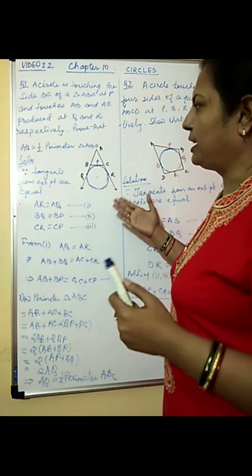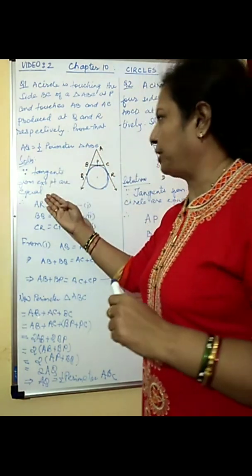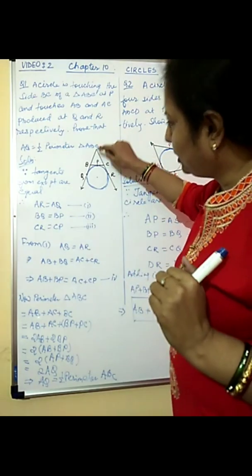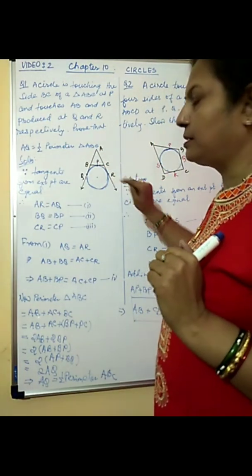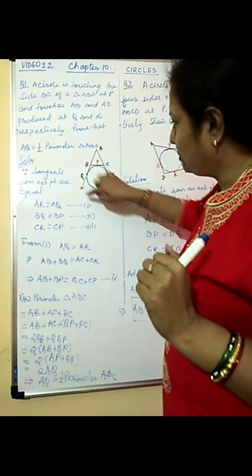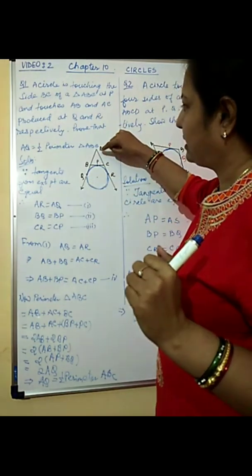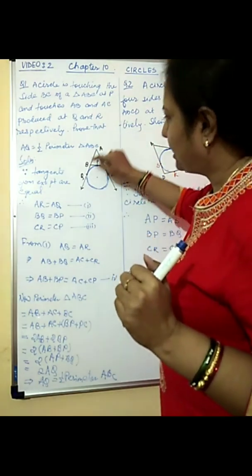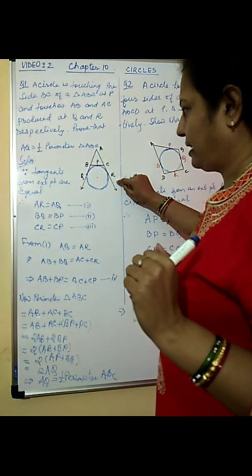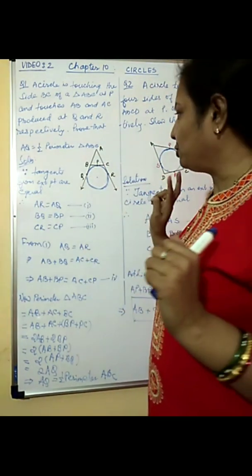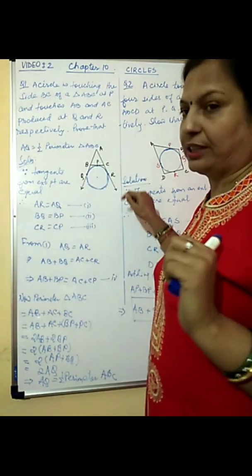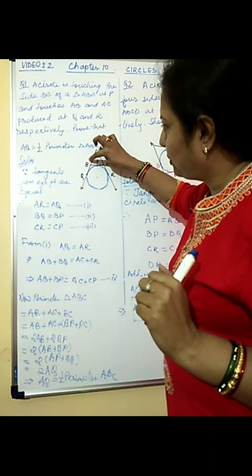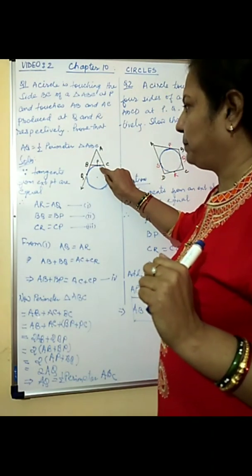Now clearly we know that tangents from an exterior point are equal. So AQ and AR are two tangents drawn to this circle from the exterior point A. Therefore AQ will be equal to AR. Again we have two more pairs of tangents drawn to the same circle from two exterior points. One is from B, which is BQ and BP.